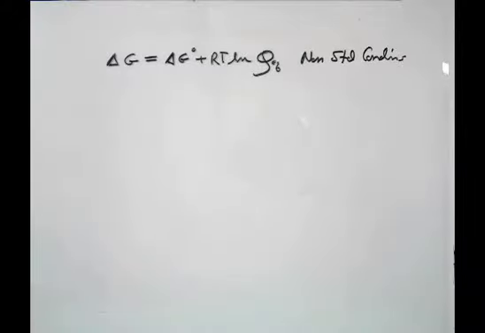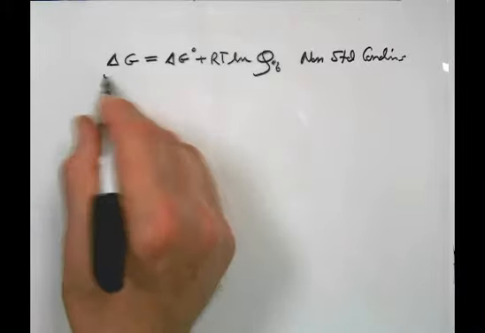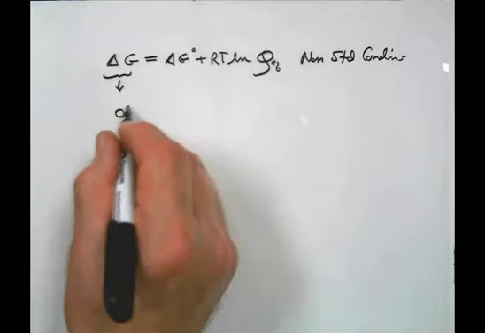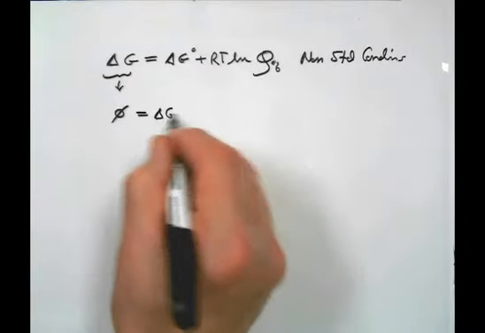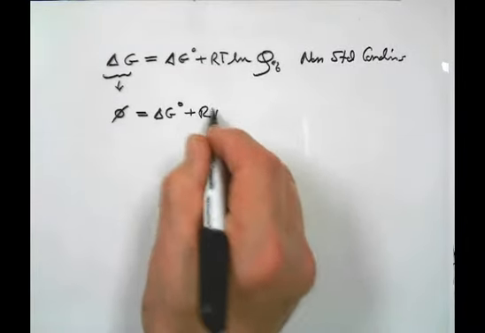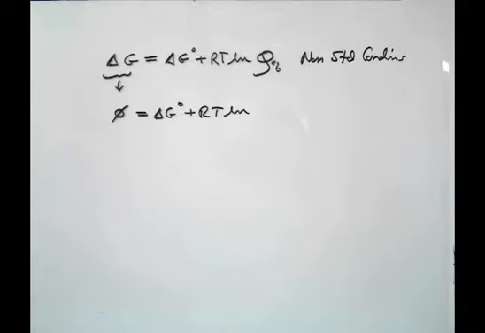If you get to equilibrium, delta G equals 0. So this term becomes 0 equals delta G naught plus RT ln Q. What happens to Q at equilibrium? It becomes the K value for that reaction.